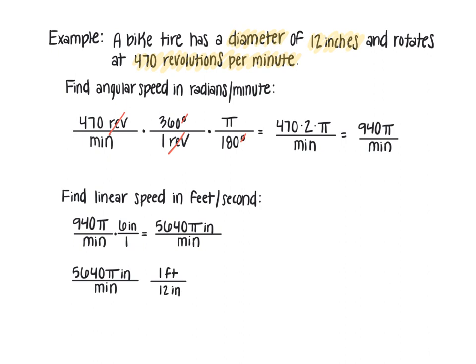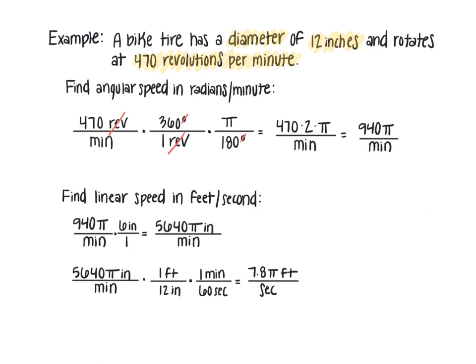And we also know in every minute, there's 60 seconds. 1 minute is 60 seconds. Now, if I multiply everything together, my final answer should be in feet per second. Using a calculator, I got 7.8 pi feet per second.